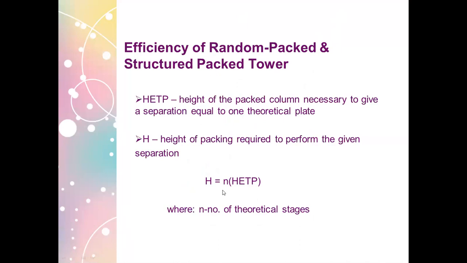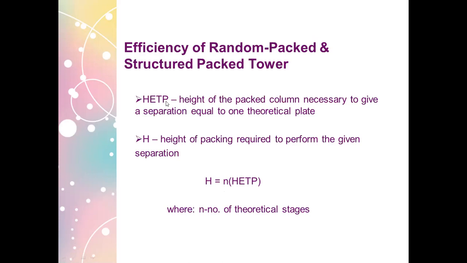We can have trays with perforations. It could be bubble trays or sieve trays. It's just like gas absorption, so it's the same thing with distillation. So when we speak here of HETP, as a review, it's the height of the packed column necessary to give a separation that is equal to one theoretical plate or stage. Height equivalent to a theoretical plate.